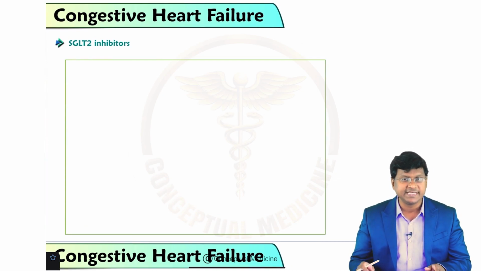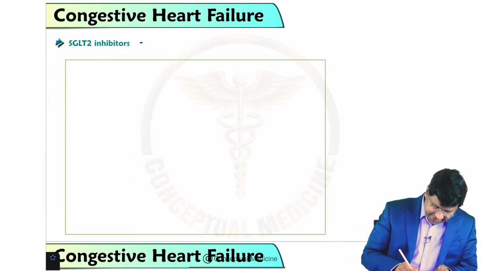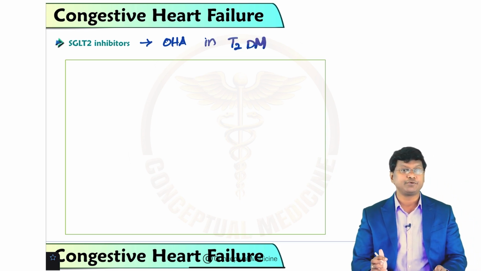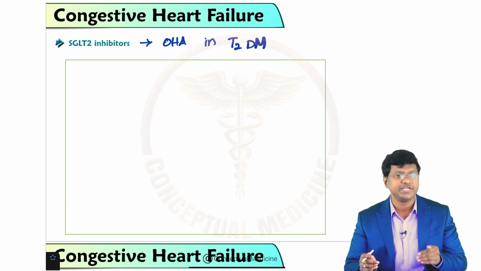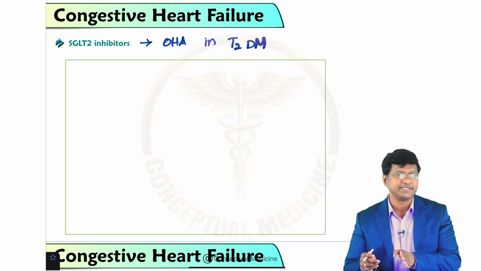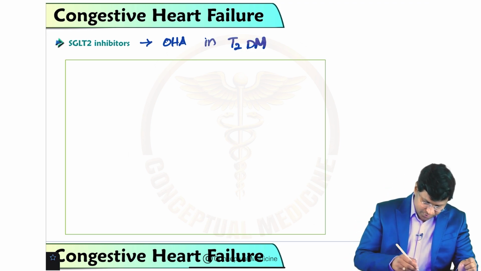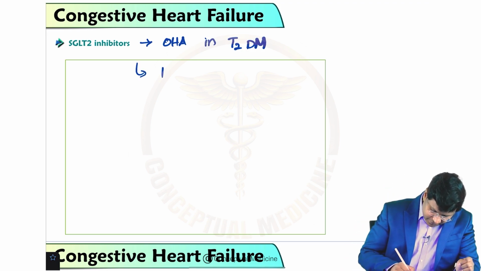See, what are these SGLT2 inhibitors? These are oral hypoglycemic agents used in type 2 diabetes mellitus. Large clinical trials of patients with type 2 diabetes mellitus have shown that the inhibitors of the SGLT2 reduce the risk of hospitalization for heart failure.